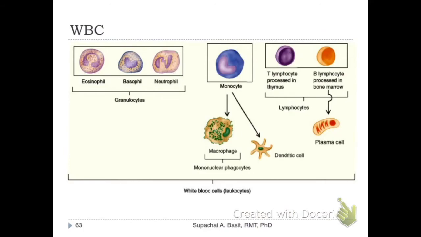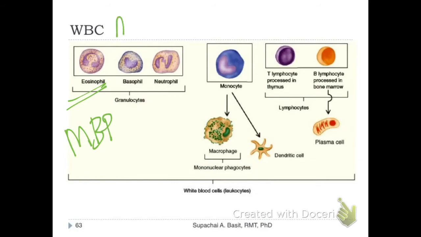So, the WBCs include the eosinophil, which increases in parasitic infection. Eosinophil has MBP, or the major basic protein, that could be toxic for the helminths.